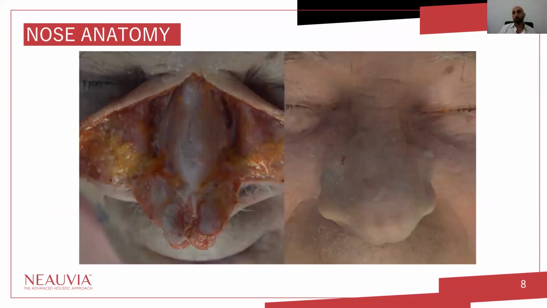When we have to remodel the nose, we have to know that we have to modify bony and cartilage architecture. So we have to be able to identify bone and cartilage without removing the skin, as in this cadaveric specimen.